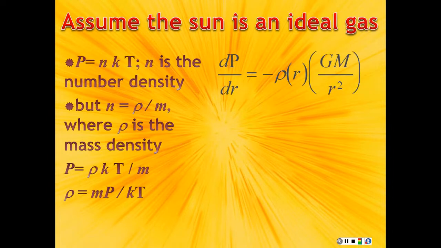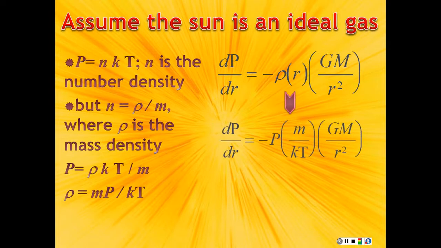And remember that we came up with this equation, which is dP by dr equals rho of r times g m over r squared. And so now I'm going to plug in my rho in here. So now I've got dP by dr is dependent on P, and the mass of the particles, and the temperature, and the mass of the star, or the atmosphere, and so on.